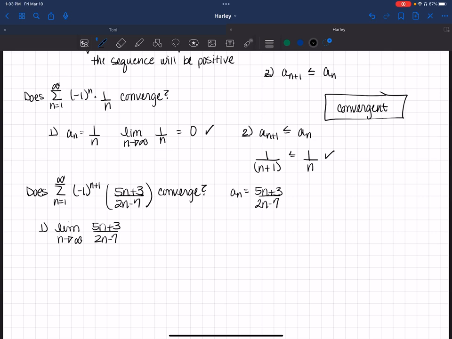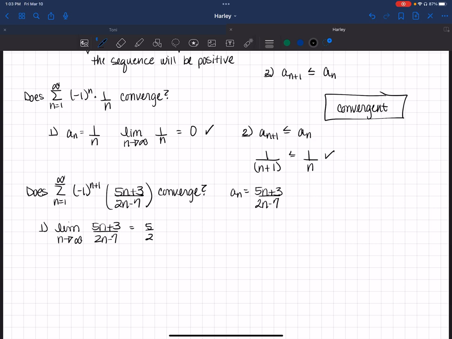I can use that derivative rule where I take the derivative of the top and the derivative of the bottom, and then what's left gives me the limit. Pretty much I'm just looking at the coefficients of my variables, which are 5 over 2.